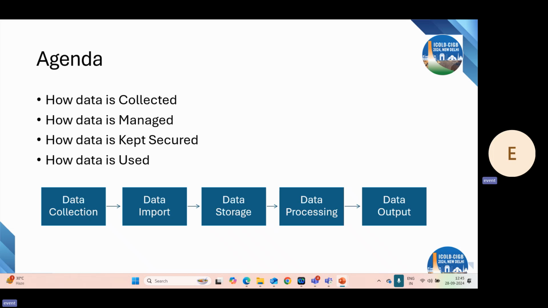So we have the data collection, but that is now mostly automated. Then we need to import the data. We need to store the data somewhere where it's safe, and we have to keep it redundant so that if things change, if things roll over, we have redundancy to restore the data again. And the major challenge is data processing and data output, which comes into play for data interpretation.